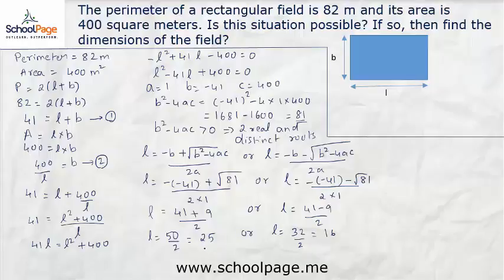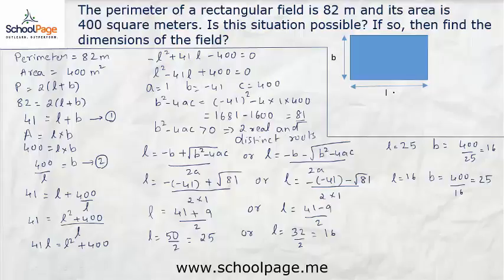Now we have two positive roots, 25 and 16. So let us calculate the breadth. If length equal to 25, then the breadth will be equal to 400 divided by 25, which is 16. If the length is equal to 16, then the breadth is equal to 400 divided by 16, which is 25.